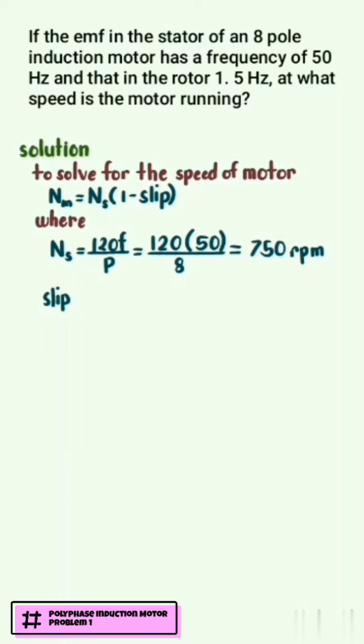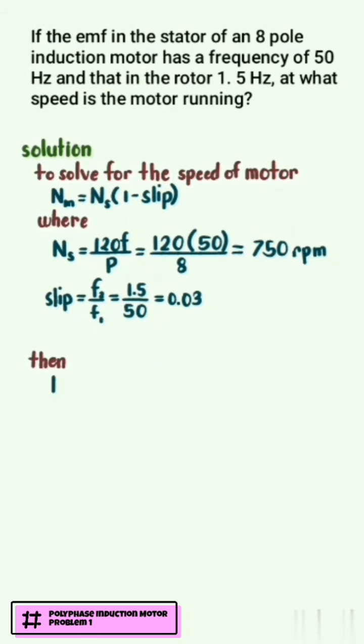So the slip of the motor is the ratio of frequency 2 over frequency 1. Where frequency 2 is 1.5 and frequency 1 is 50, that would be equal to 0.03. Then we have the formula of Nm equals Ns times 1 minus slip.